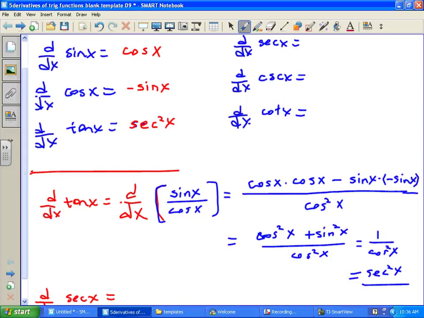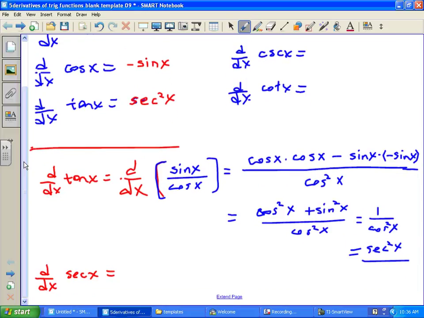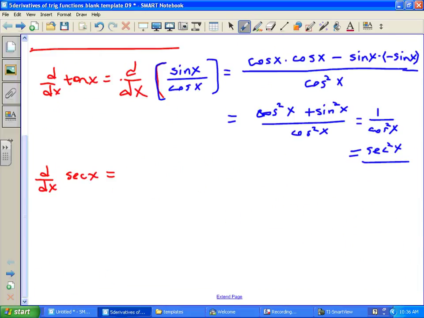How about the secant function? Let's find out the derivative of the secant function. We'll apply the same little trick. Write secant in terms of sines and cosines. In this case, secant is the same as 1 over cosine. Now let's apply the quotient rule to 1 over cosine x. Ryan, help me out here, okay? So we're going to start with the quotient rule.